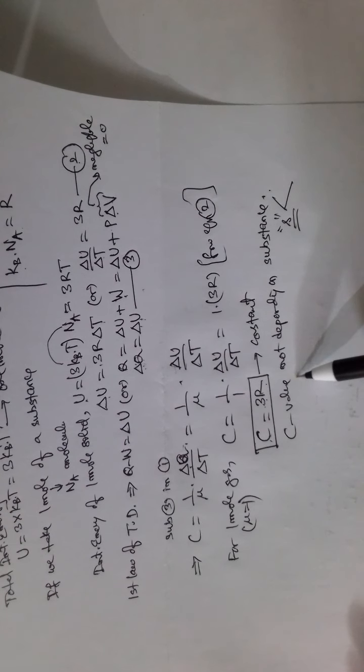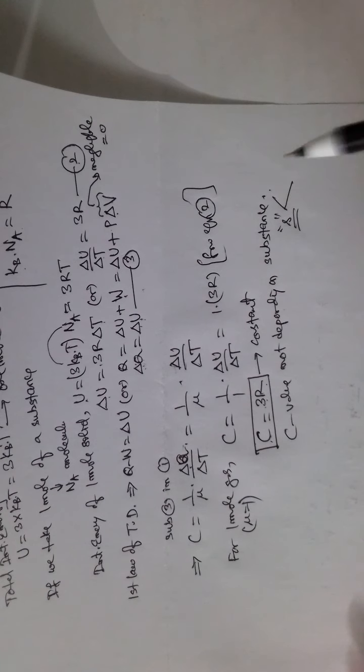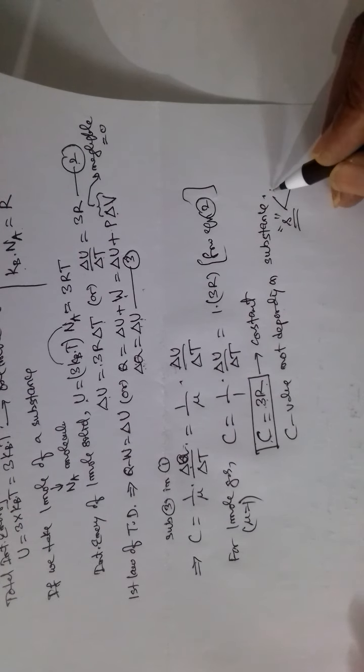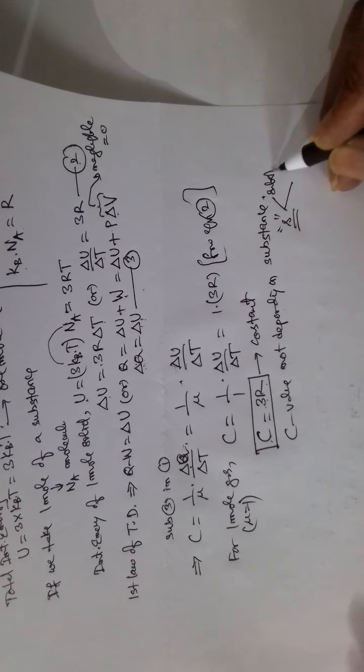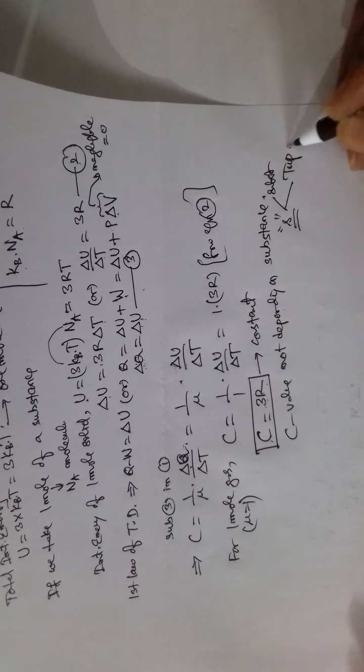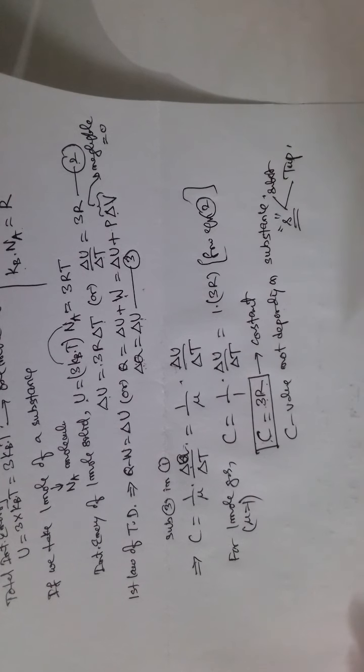C value does not depend on the substance. Earlier, specific heat capacity depended upon the substance and temperature. But C is equal to 3R, 3 is a constant and R is a constant, therefore molar specific heat capacity is a constant. It doesn't depend upon substance or temperature.